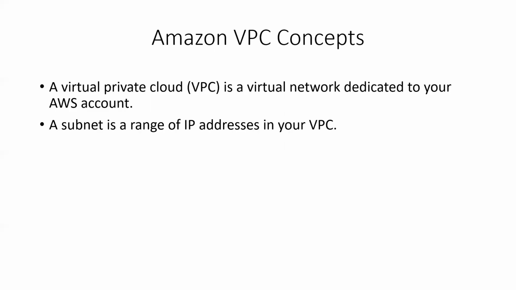So that's about VPC. Within a VPC, another concept that we need to understand here may not be straightforward for a lot of us who come from development background. A subnet is a range of IP addresses in your VPC. So within a VPC, we will create multiple subnets.